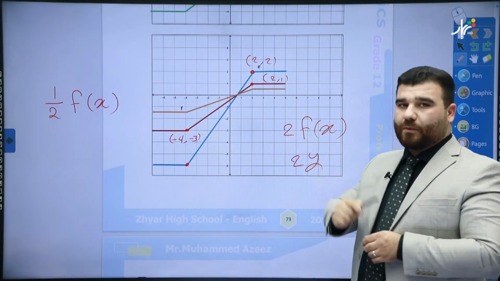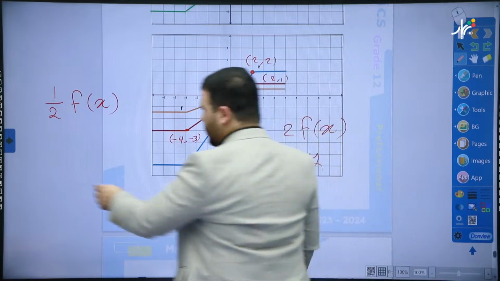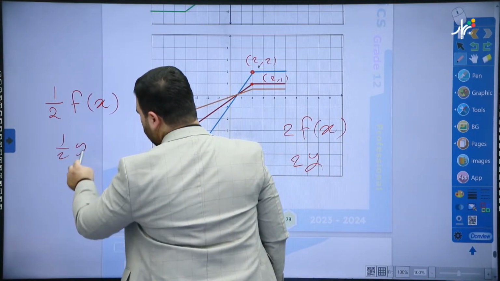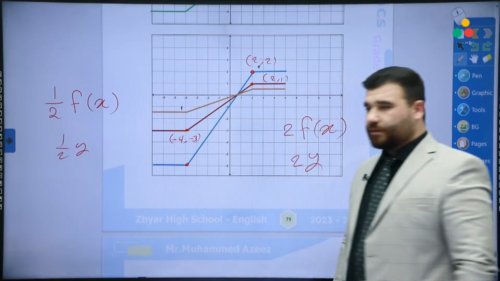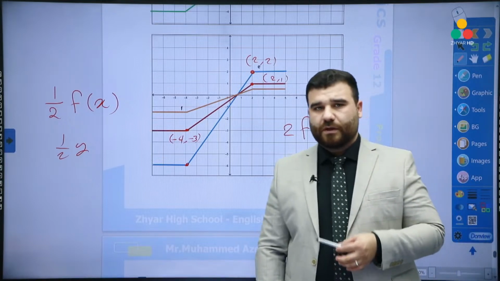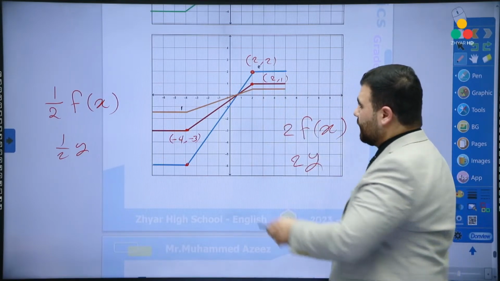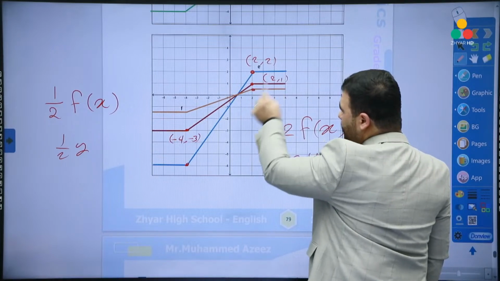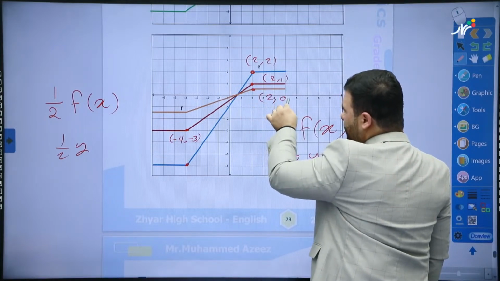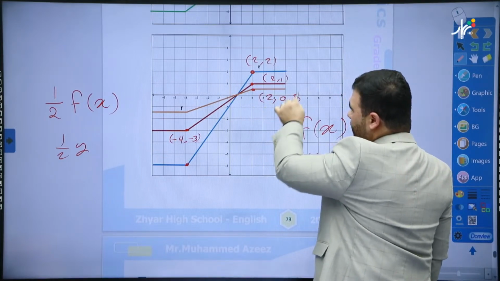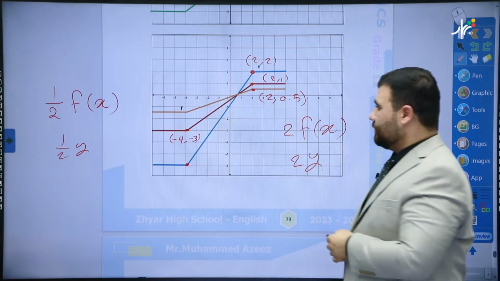If we multiply by 1/2, the 1/2 goes to y again. This time we have 1/2 y. The y value of the point will be multiplied by 1/2. This makes 1 become 0.5. Then the point (2, 1) became (2, 0.5). The 1 became half because it's multiplied by 1/2.